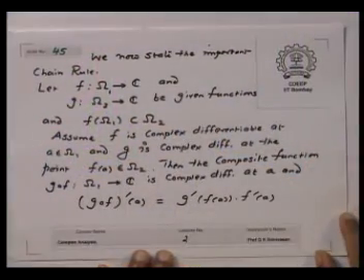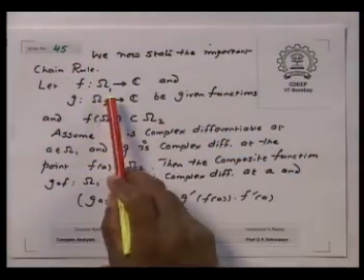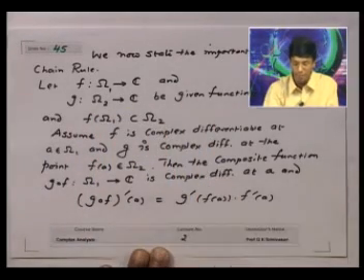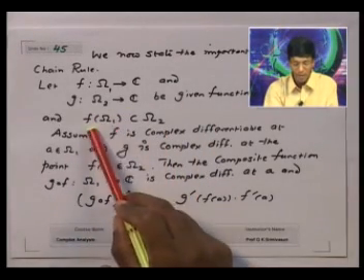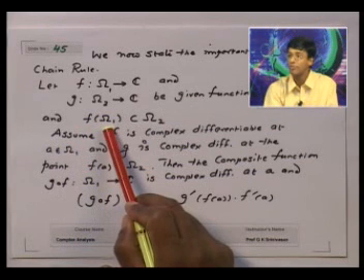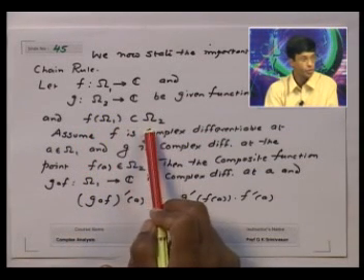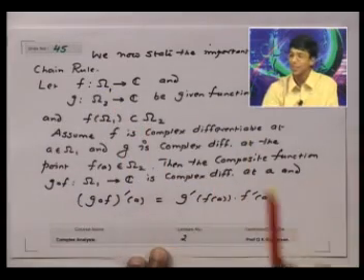So now we state the important chain rule. Let f from omega 1 to C, g from omega 2 to C be given functions such that the range of the function f is contained in the domain of the function g, so that the composite function is well defined.